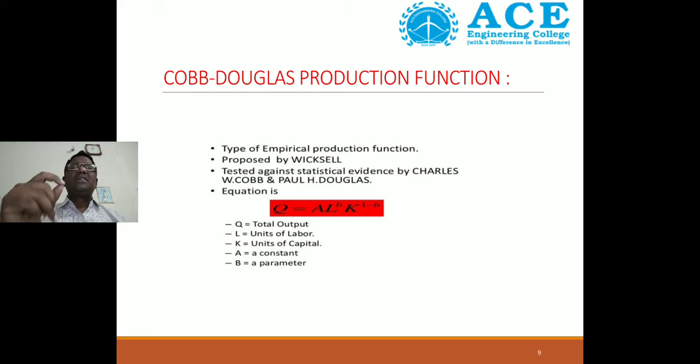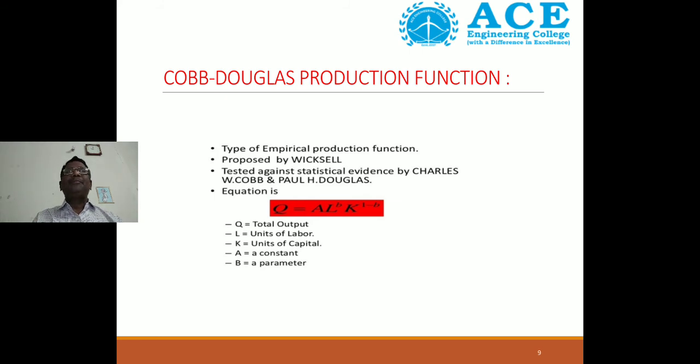Q indicates the total output. L indicates the units of labor. K indicates the units of capital. A indicates the constant. B indicates a parameter. Whatever parameter we take, that can be analyzed.